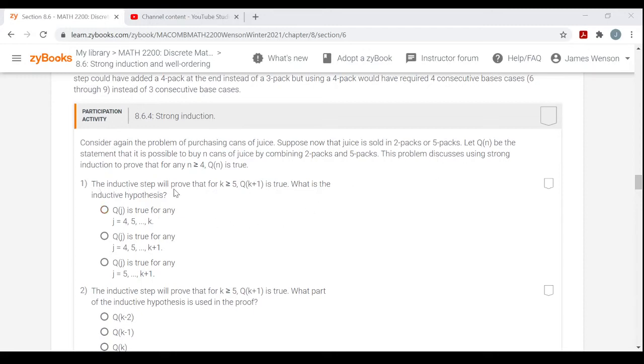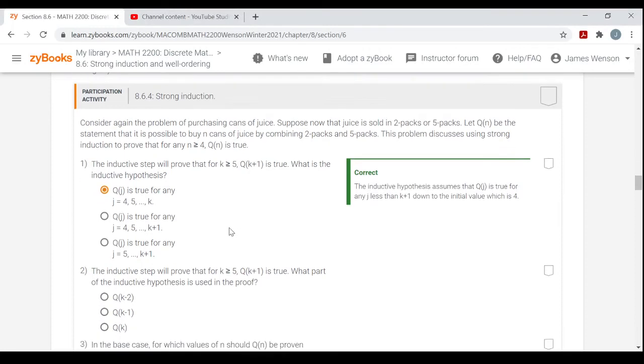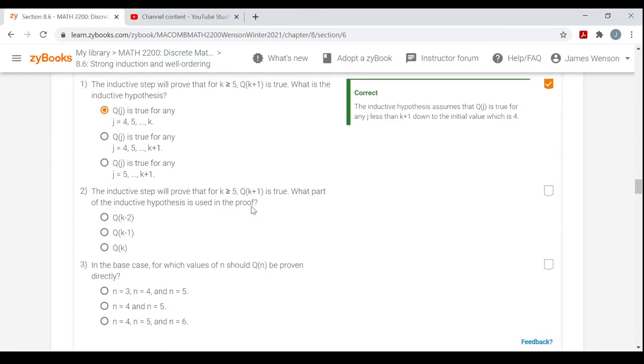So the inductive step will prove that for k greater than or equal to 5, q of k plus 1 is true. What is the inductive hypothesis? So again, that q of j is true for any value from 4 to k. And then you prove it's true for k plus 1.